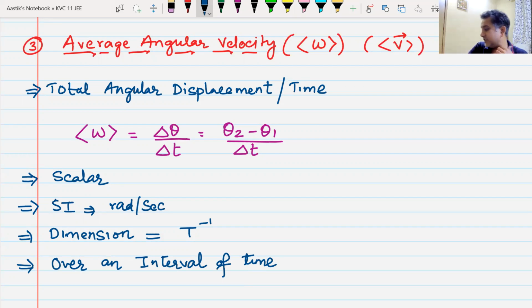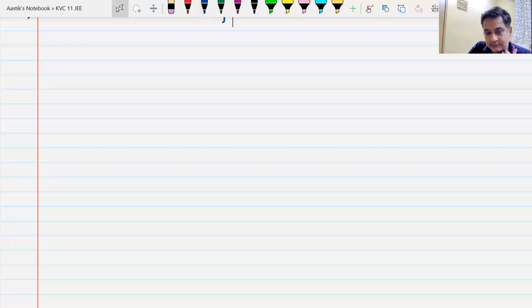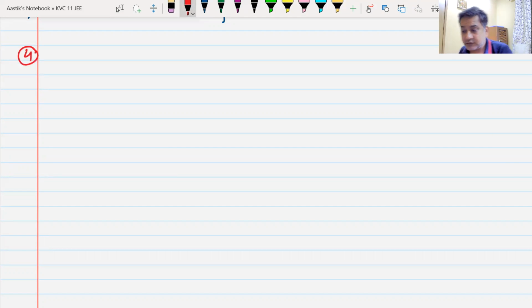Now I repeat my question again. What would be the next term? Angular acceleration, sir. Average angular velocity is calculated between 2 points over an interval of time.